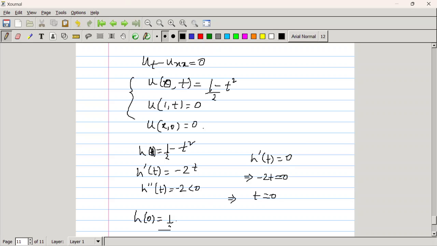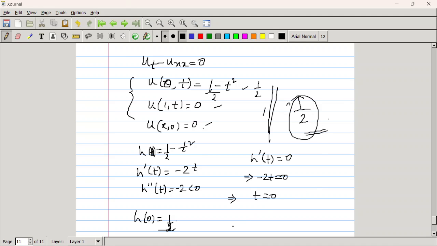Same thing: the derivative is minus 2t, minus 2t equal to 0 means t equal to 0, and h double prime at 0 is minus 2. It is always negative, so h gives a maximum at t equal to 0, and h of 0 is half. So the maximum of half minus t square is half, and for the other conditions the maximum is 0. Among all these three, the largest maximum is half. So my answer is half.